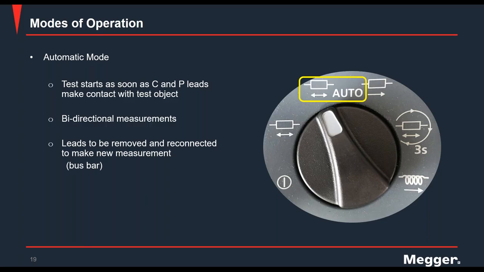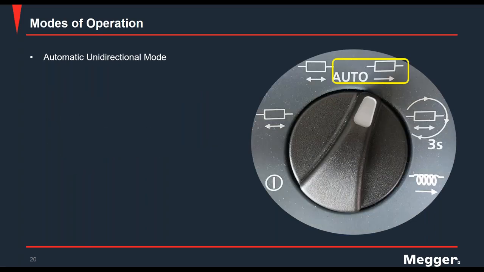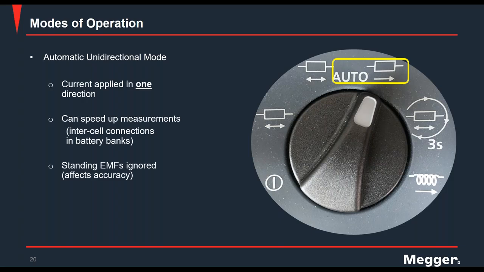Moving on, the next mode is the automatic unidirectional mode. In this mode, the test current is applied in only one direction. This can sometimes speed up measurement. For example, in intercell connections for battery banks, you can get quicker measurements.